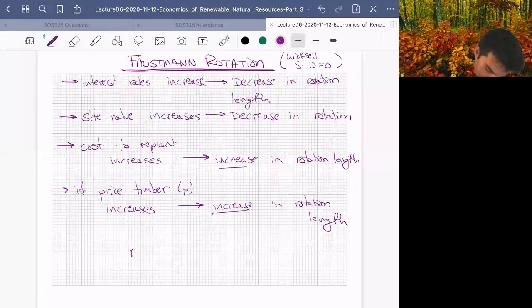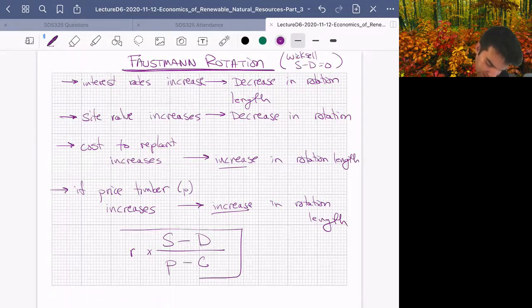And so the Faustman offset is the interest rate times S minus D over P minus C. And what this does, you can think of as being inversely proportional to rotation length.